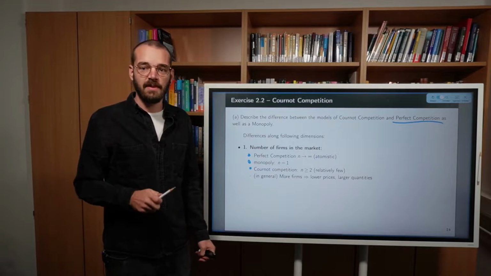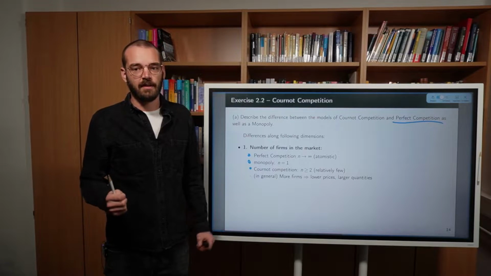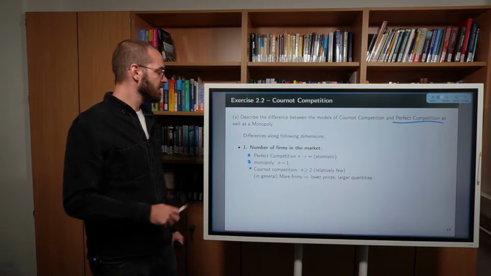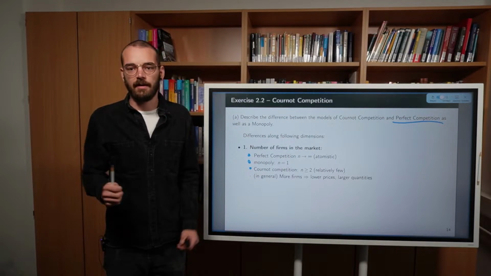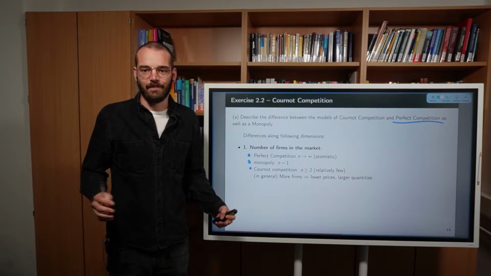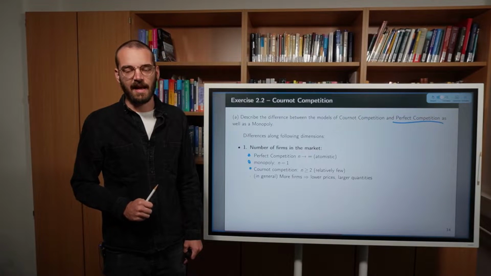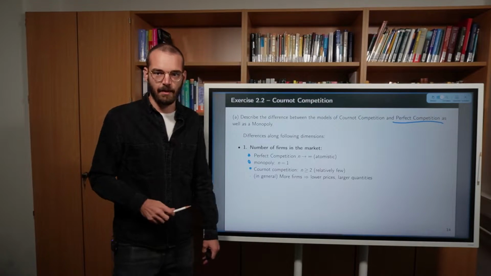So that of course means we need to have at least two firms, and typically we're using these kind of models when we are looking at a few firms. Let it be 2, 3, maybe 5. In very rare cases it's actually substantially more than 5 or 6 firms in the market.